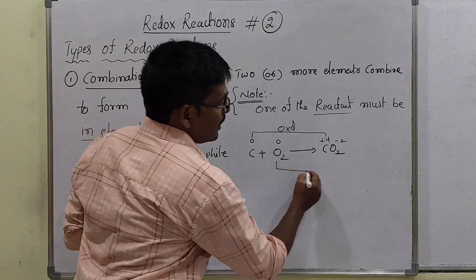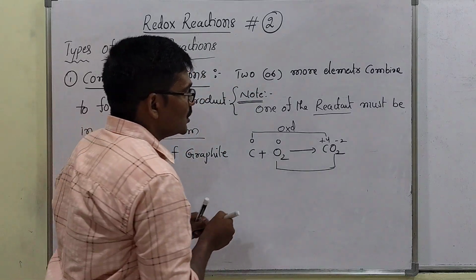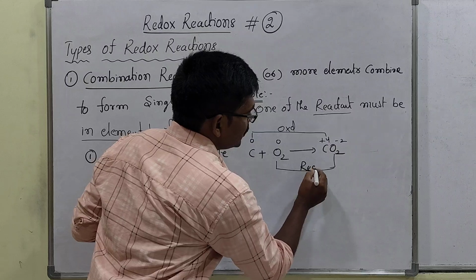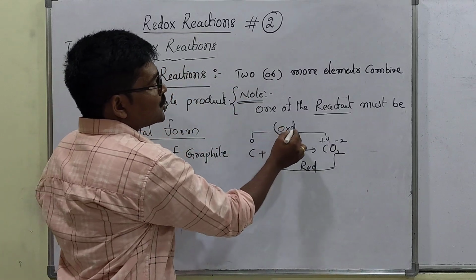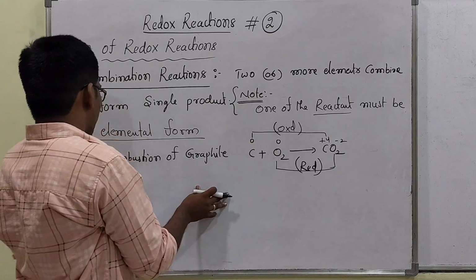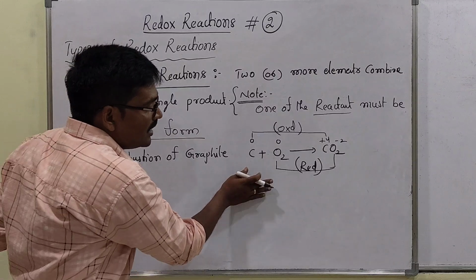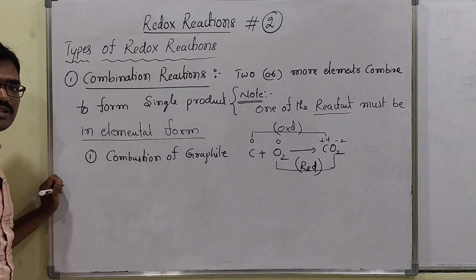Oxygen 0 to -2, oxidation number decreases, so reduction happens. Oxidation and reduction both take place, so we call it a redox reaction.